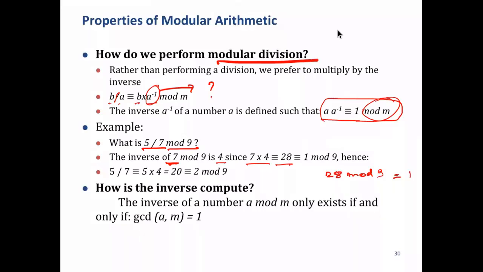So for 5 by 7 mod 9, if you solve this, the inverse of 7 you got is 4, so your answer is 20 mod 9, which is equivalent to 2 mod 9.